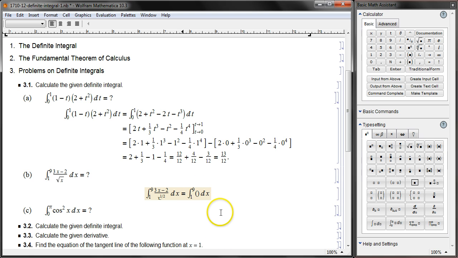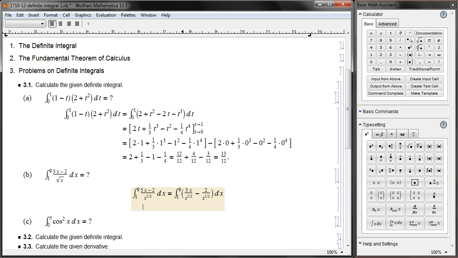And then let's manipulate the integrand. 3x divided by x to the 1/2 power minus 2 divided by x to the 1/2 power. We have done these before. It's just manipulation of the integrand. The next step, we have to get appropriate powers.